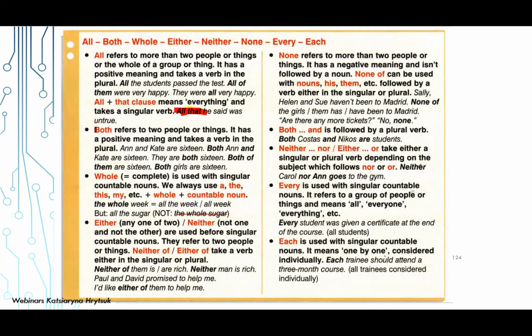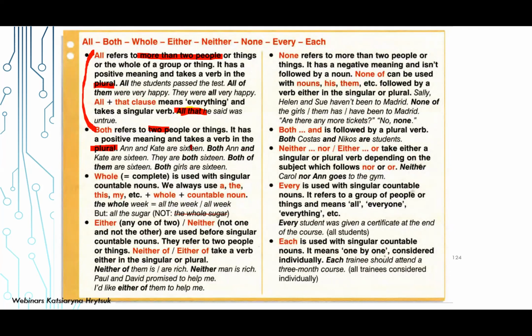So both, when we talk about both, it's also two people or things. Be careful, both and all. Both refers to two, all refers to more than two people. Both has positive meaning and takes a verb in plural too. Anne and Kate are 16.